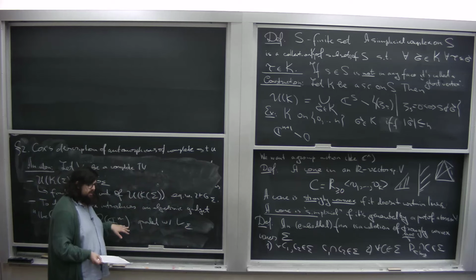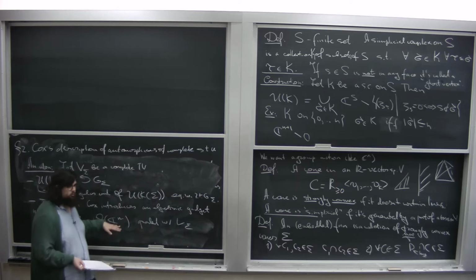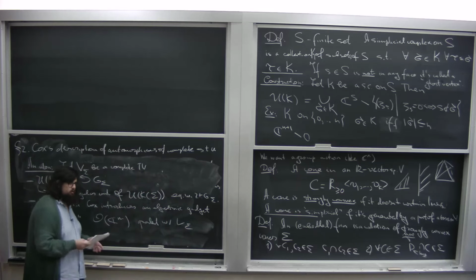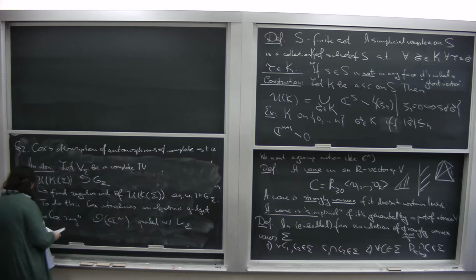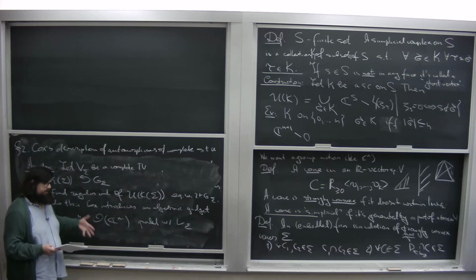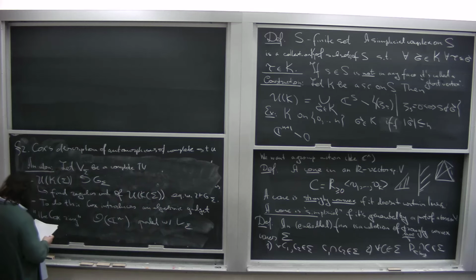So because C^n has the action of G sigma, the coordinate ring naturally receives a grading. And then the question is, can we compute the graded automorphisms of this ring?